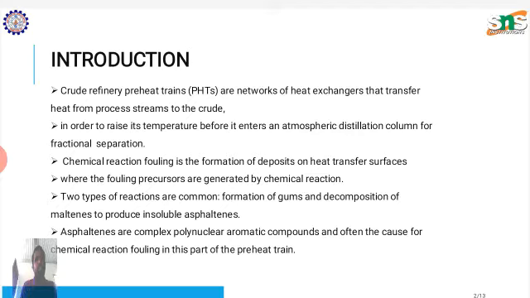Fouling in PHTs is a major economic and environmental problem, as it reduces thermal efficiency and throughput capacity of the system. Identifying effective methodologies to manage PHT fouling remains a key research area.